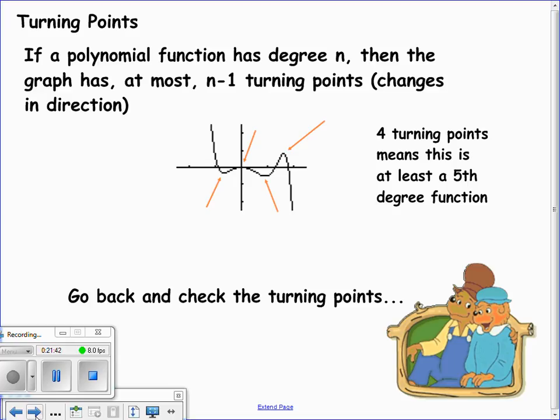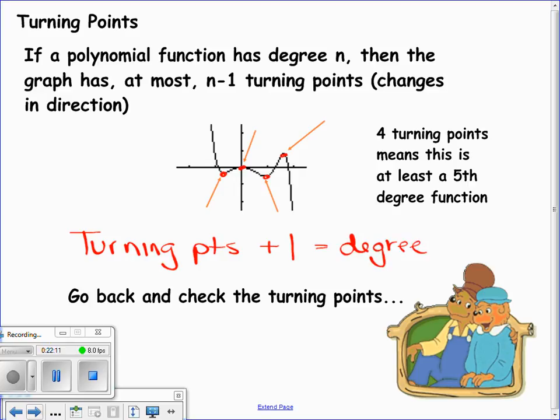So we're going to look at this both directions, okay? So this right here has 1, 2, 3, 4 turning points where it changed from going up to down or from down to up, right? So if it has 4 turning points, let's write this out. Turning points plus 1 equals degree.